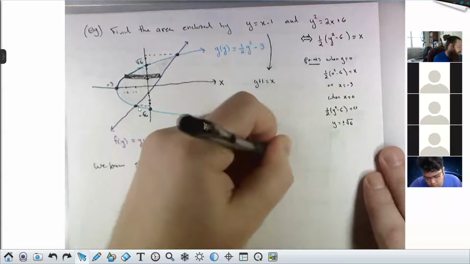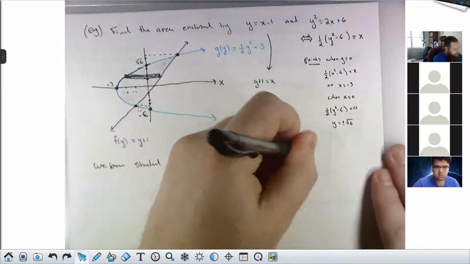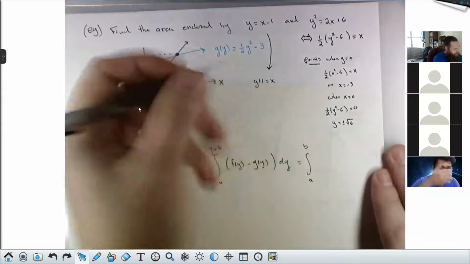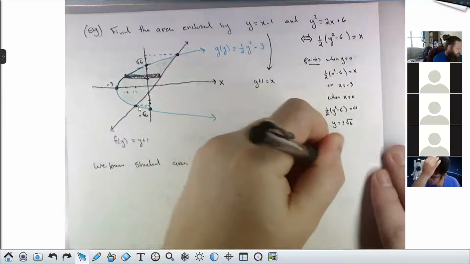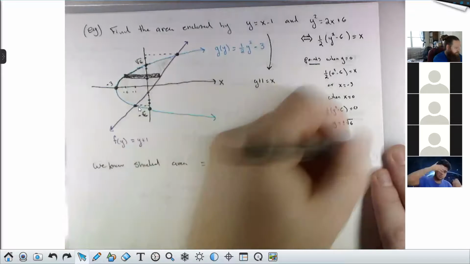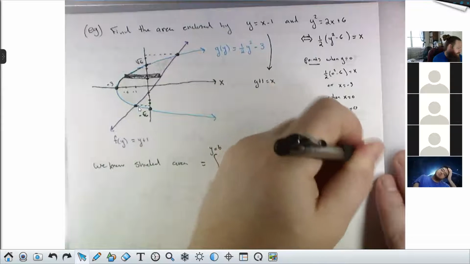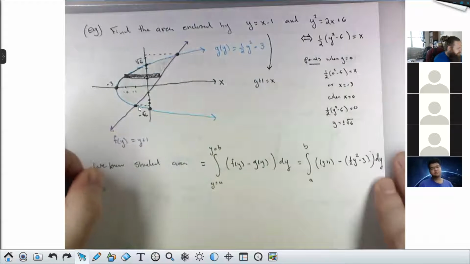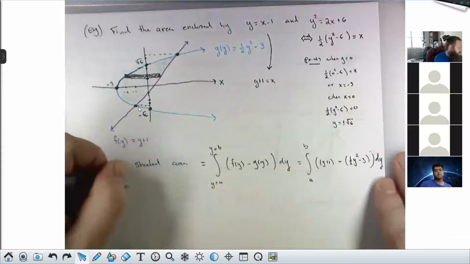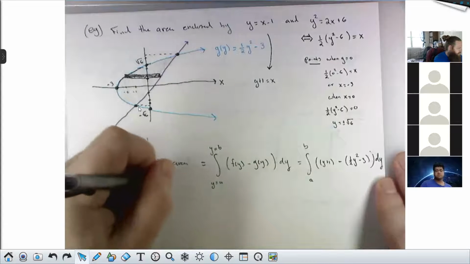The right minus the left, dy, which is the integral from a to b of y plus 1 minus 1/2 y squared minus 3 dy, but we don't yet know a and b.